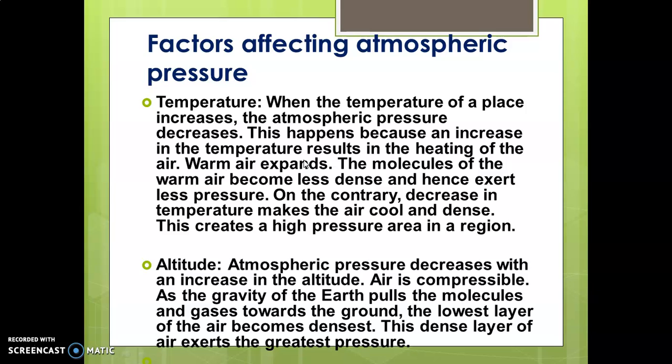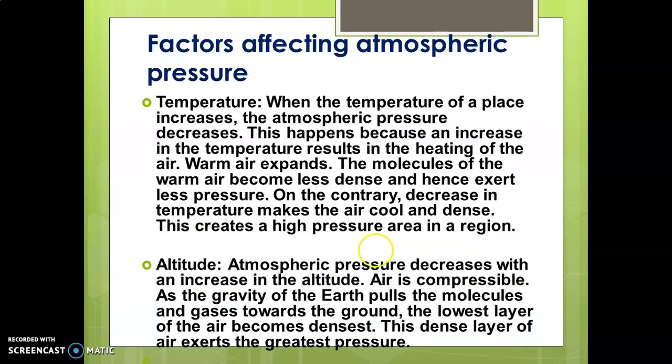As a result, there is low temperature and the air becomes cool. Cool air does not expand, it becomes dense, and as a result high pressure exists over there.